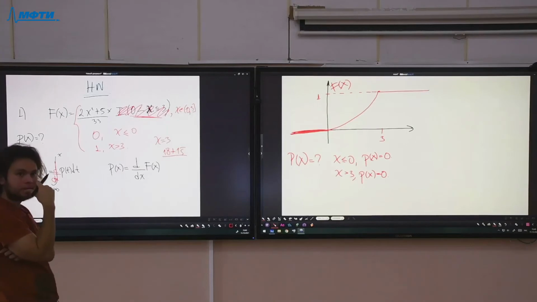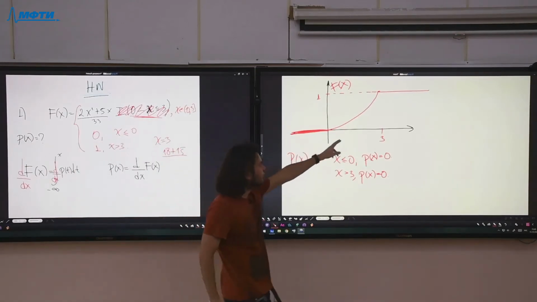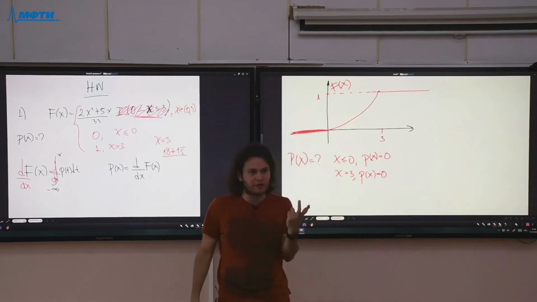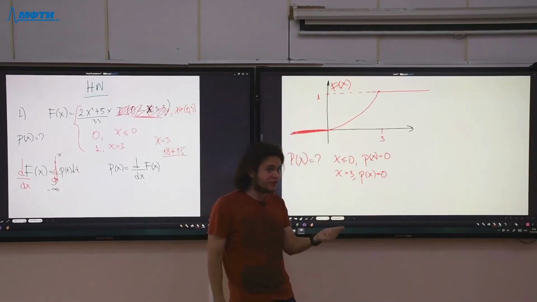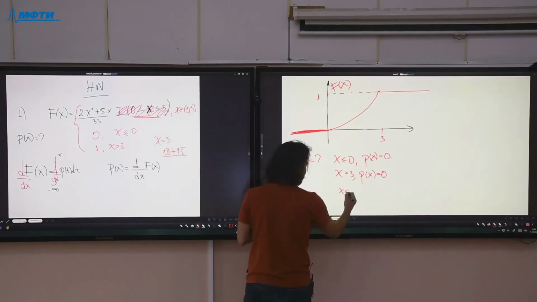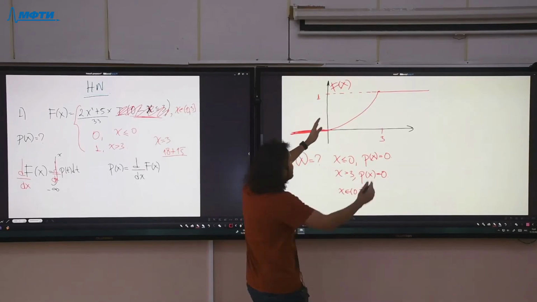Right? Because all the possible values for us are between 0 and 3. If we have something like this, it's not possible for us to get this value, so the density is going to be 0. Now, what about x when we are between 0 and 3? In that case, we have this function.